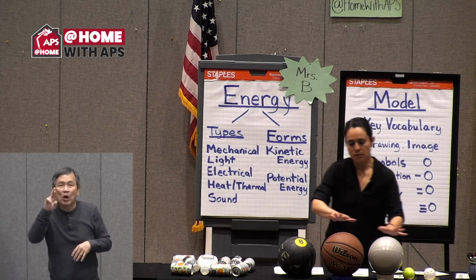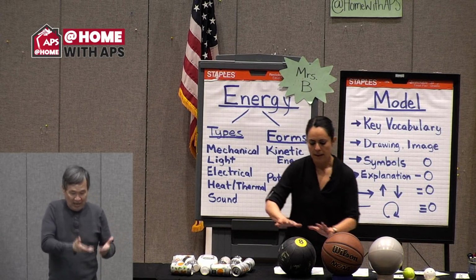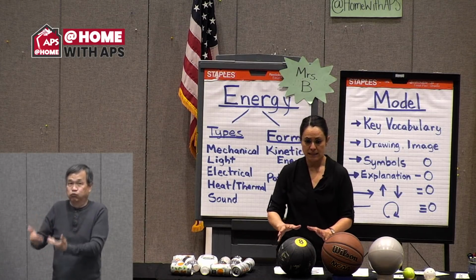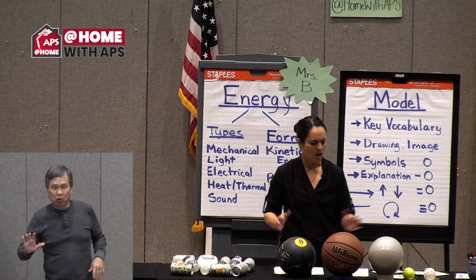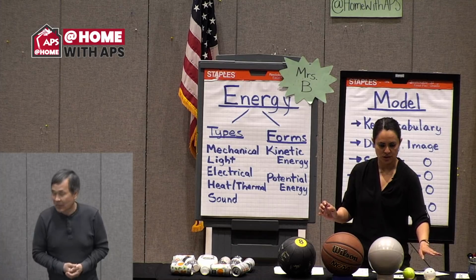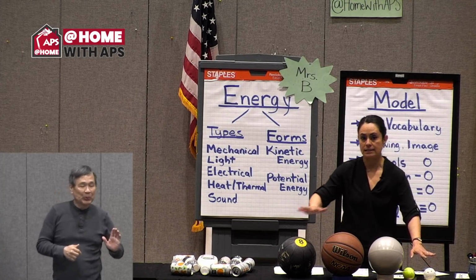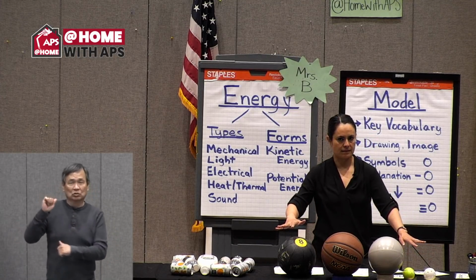But as I kept moving and rolling each of my objects, pushing each one using force, by the time I got to this one, I would need to give a hard push, more force. Why do you think I would need less of a push with the wiffle ball, and then I would have to keep increasing my push or my force until I got to the heaviest?